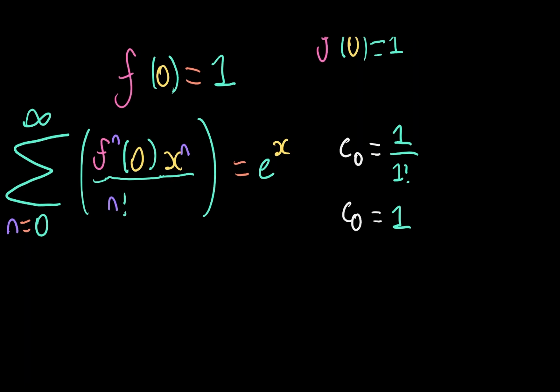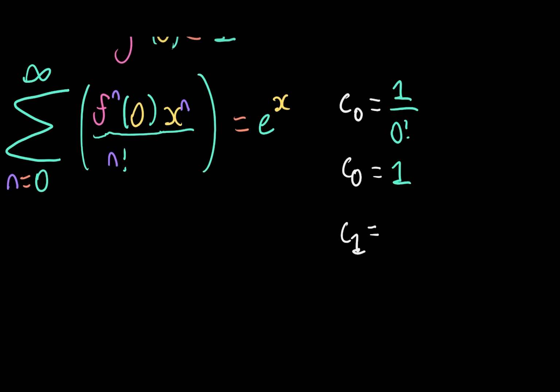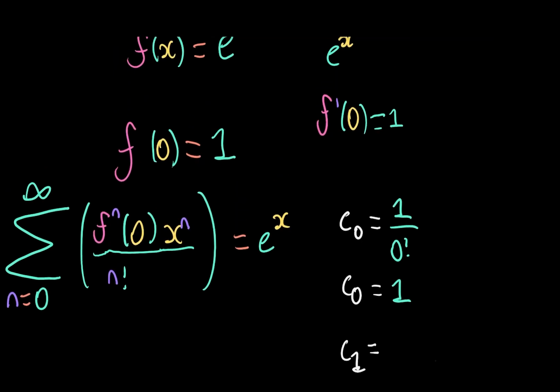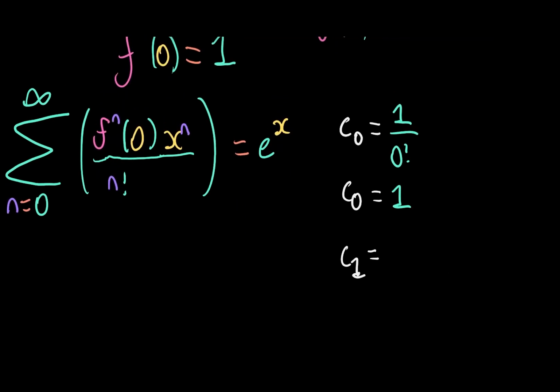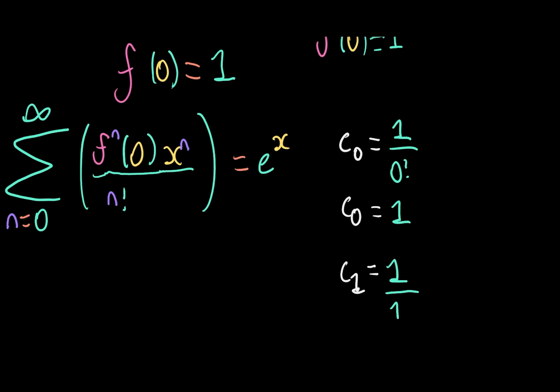Okay, and then we follow that rule again. And this should be 0 factorial, oops. Okay, well, C1 is going to be equal to 1 as well, because it's going to be 1 over 1 factorial times 1.